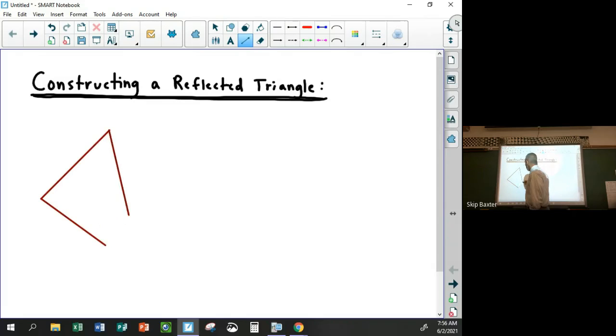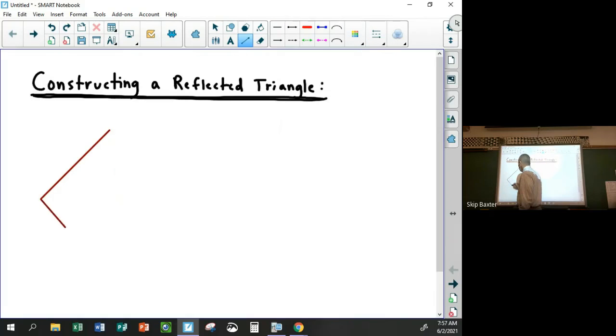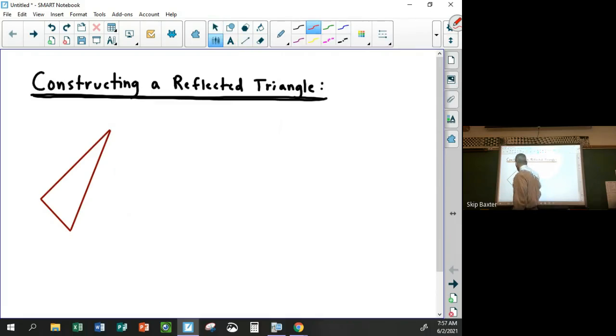I don't want to make it vertical looking because this smartboard has a hard time having things that are almost vertical but not quite. So suppose you have this triangle. Let's label vertices A, B, C. And let's have a line of reflection.